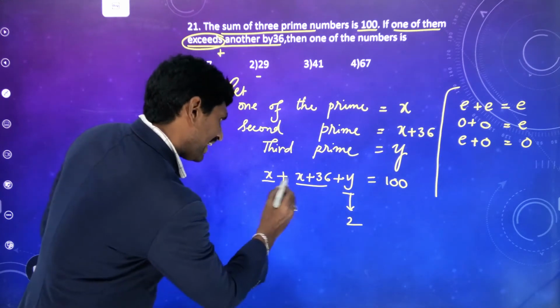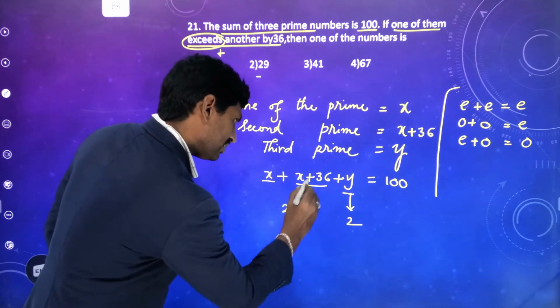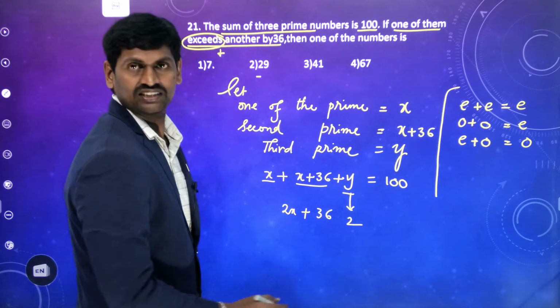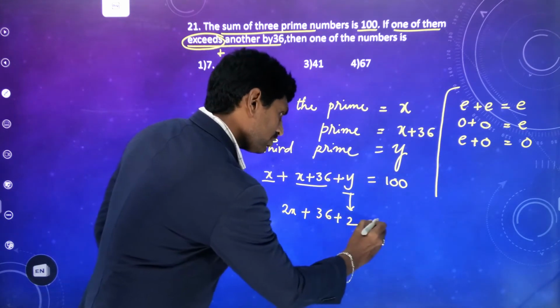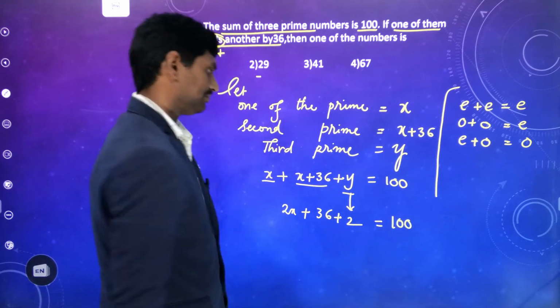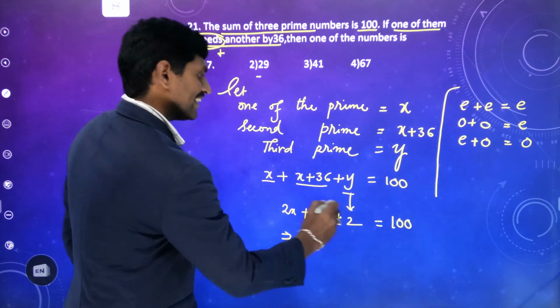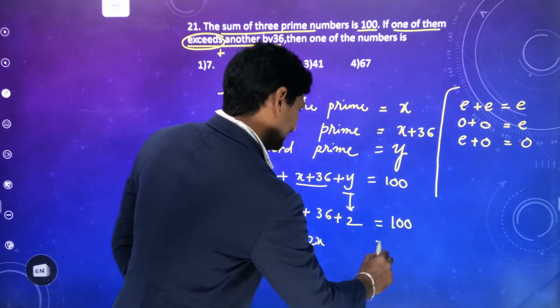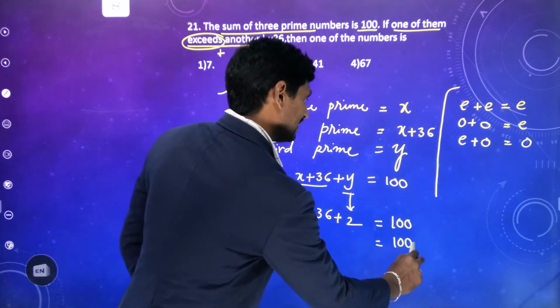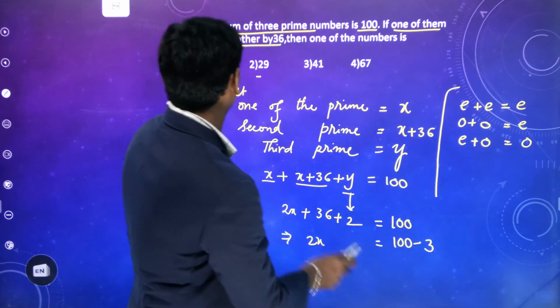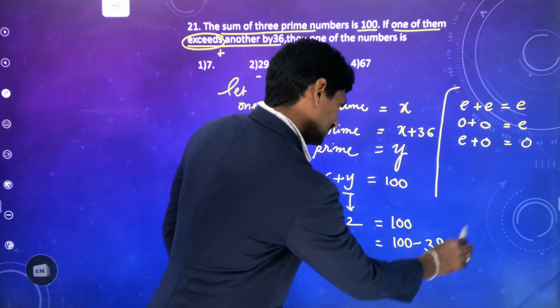Now coming here, x plus x, 2x, 2x plus 36, y value considering as 2, is equal to 100. Now 36 plus 2, 38, transpose that side, 100 minus 38.